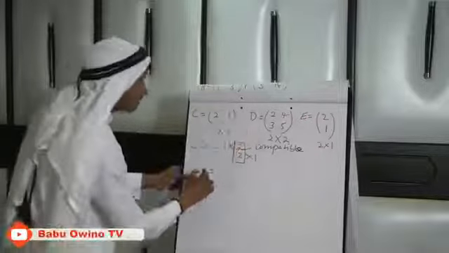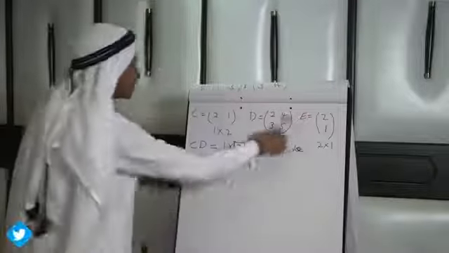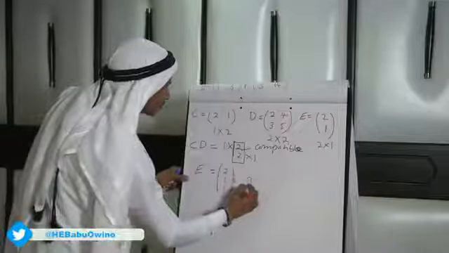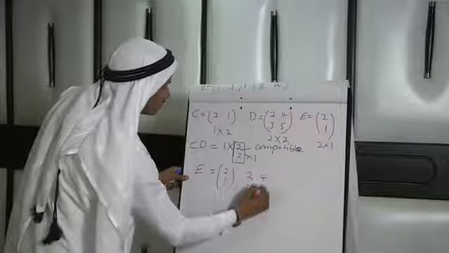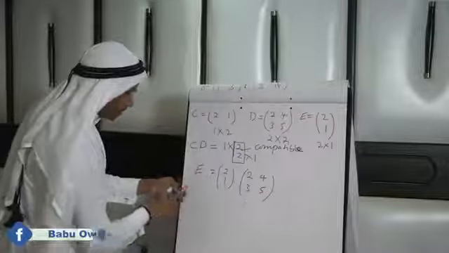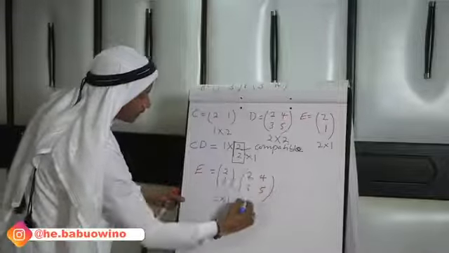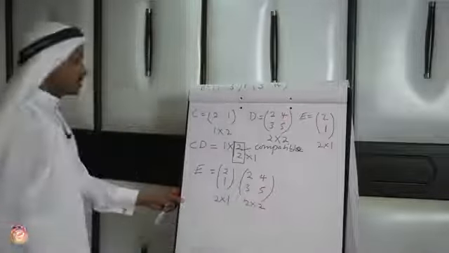So let's say we have our E, which is 2, 1, you multiply by 2, 3, 4, 5. So this is a 1 by 2, this is a 2 by 1 matrix. You multiply by a 2 by 2 matrix.